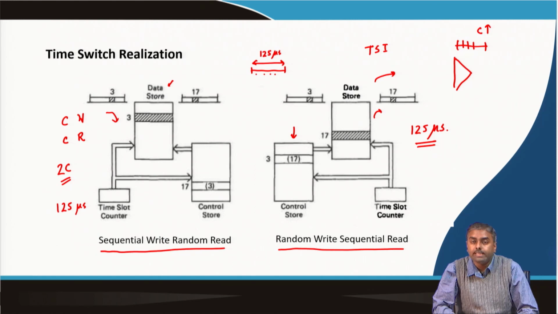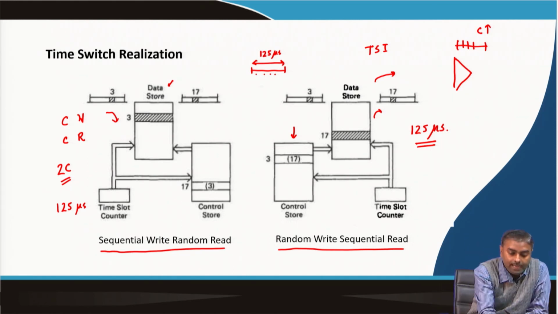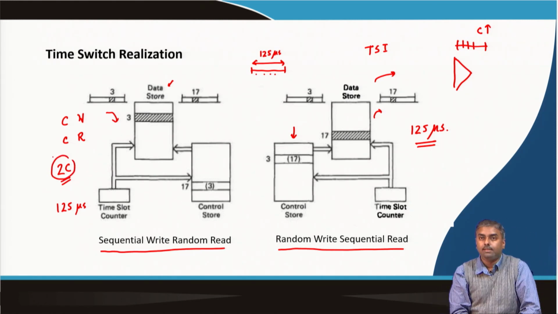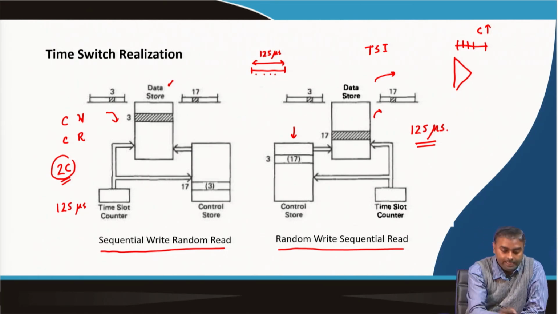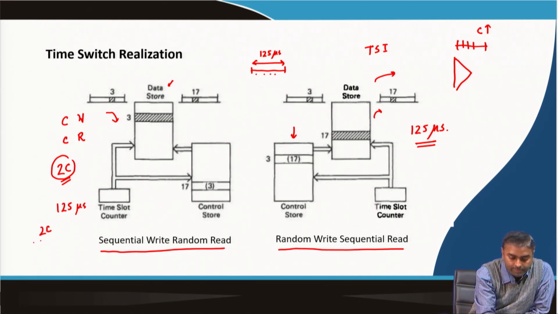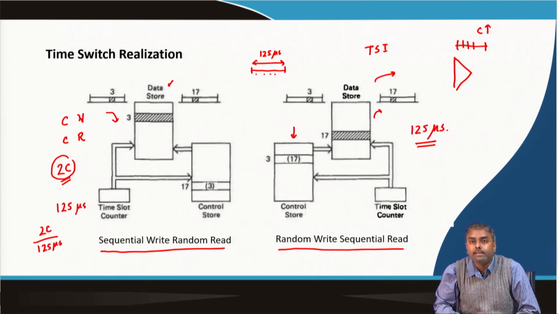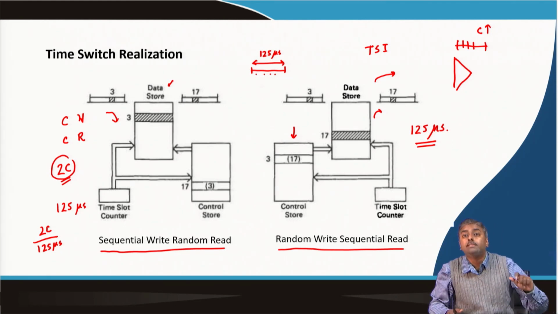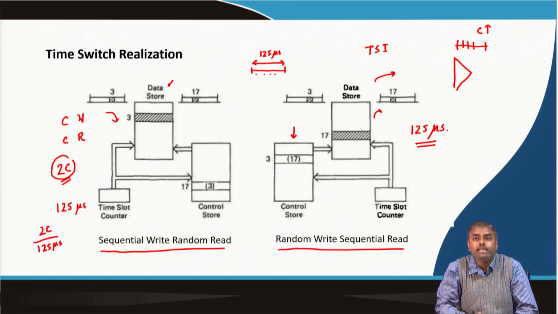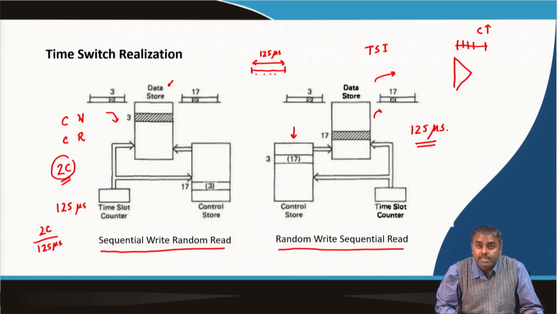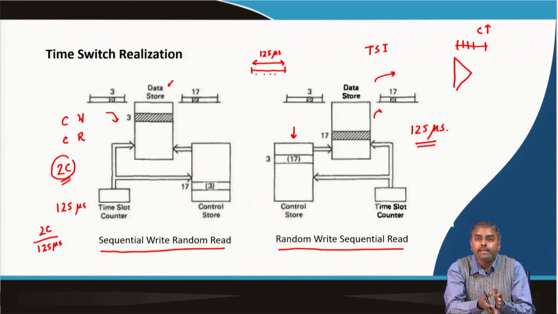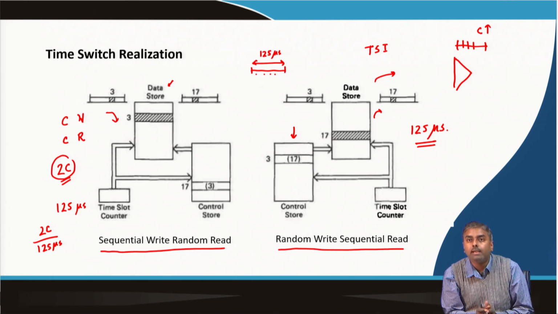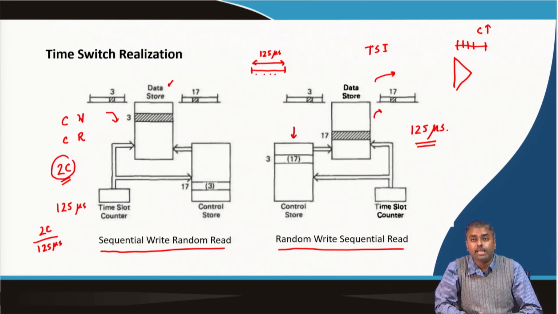So, as you can see, every 125 microseconds I will have to do 2C operations. So, this 2C divided by 125 microseconds, that many operations per second you will actually have to perform, and that should be the speed of your memory read and write. If you increase C, of course, it will hit the hardware restriction and you will not be able to go beyond some C value. So, that is another restriction that is coming over the time switch.